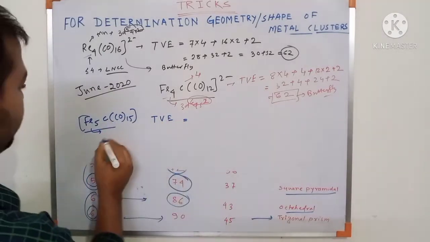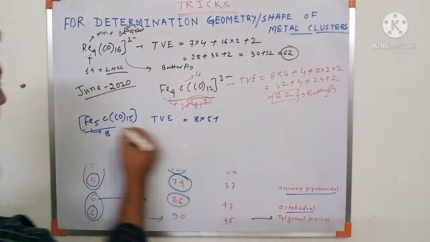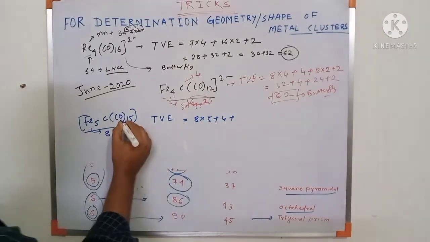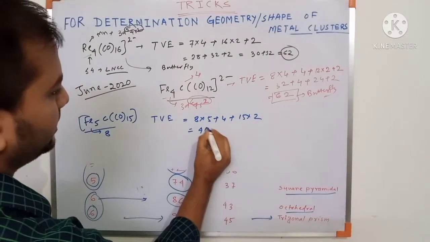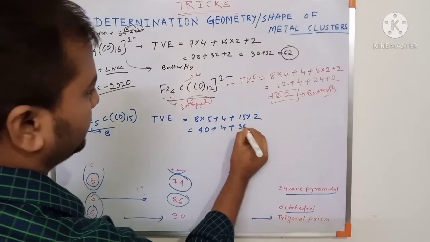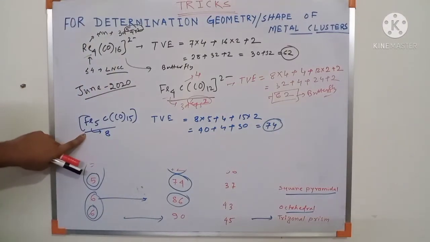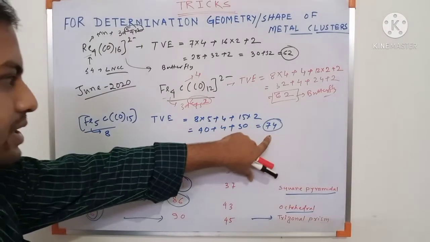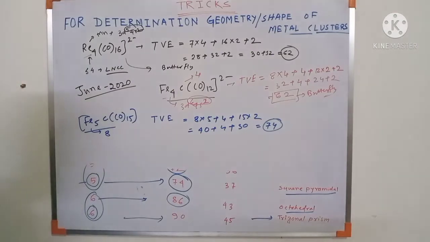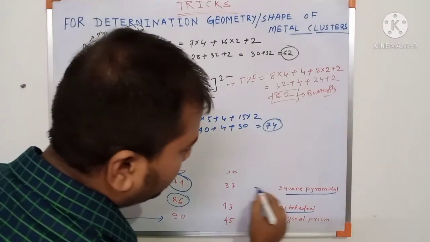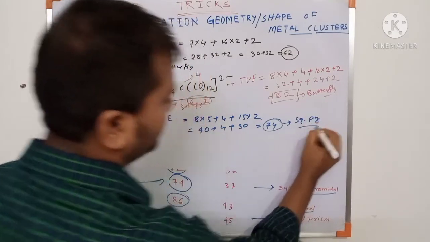Iron valence electrons 8, so 8 into number of metal atoms 5, plus carbon 4, plus carbonyl 15 into 2, so 40 plus 4 plus 30 equals 74. So with number of metal atoms 5 and total valence electrons 74, it forms the square pyramidal geometry.